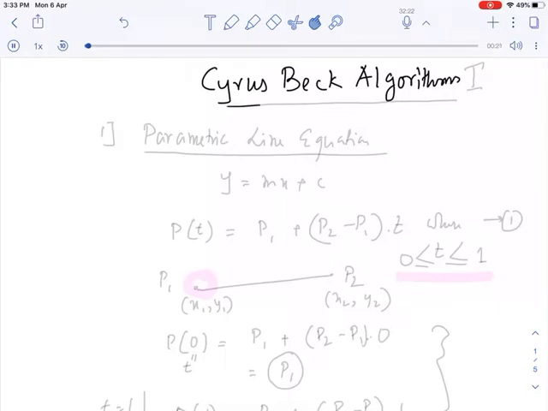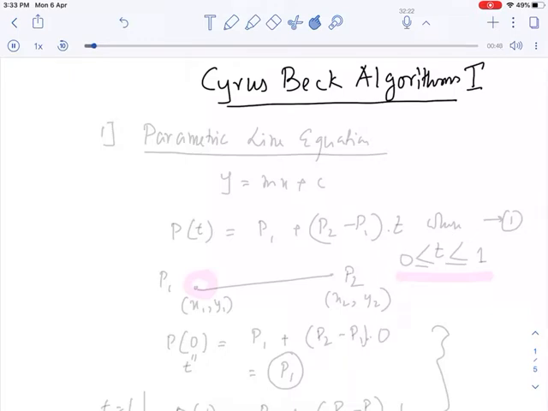Now, before I discuss Cyrus Beck algorithm, I need to recapitulate few things regarding straight line, parametric equation, vector algebra, etc. So this is Cyrus Beck algorithm part 1, and in part 2 I will discuss the entire algorithm.